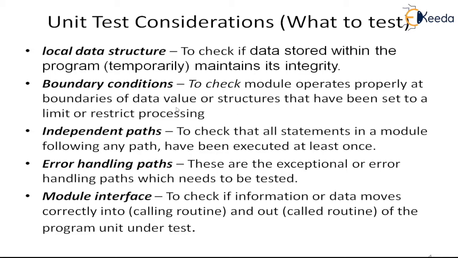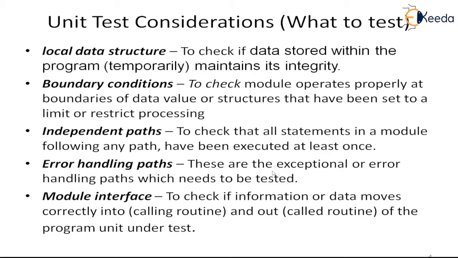Then we will see the independent paths, how many there are, and we will execute each path and check that the statements are correctly executed. Then we will also see the error handling paths. These independent paths are basically doing the functionality, and there will be some error handling paths which are the exceptional cases.